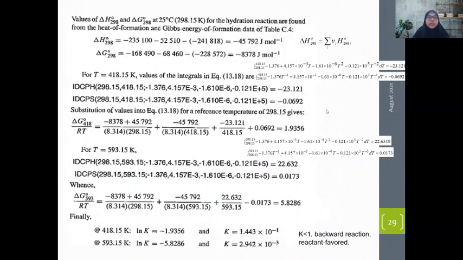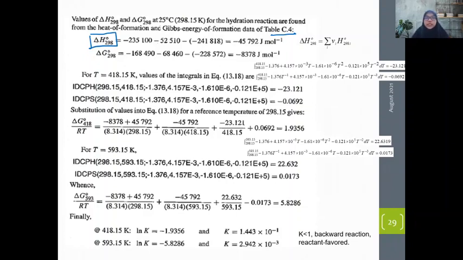The next step is to determine the delta H standard at reference temperature. From table C4, you may refer to the species ethanol, ethylene, and also water, and it gives us the value of delta H at standard and reference temperature.